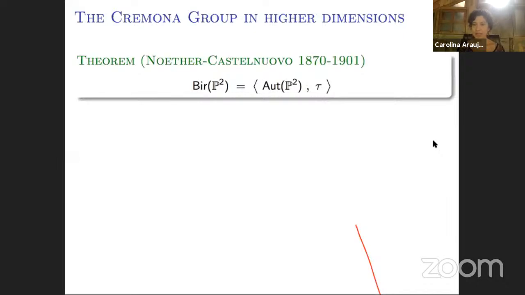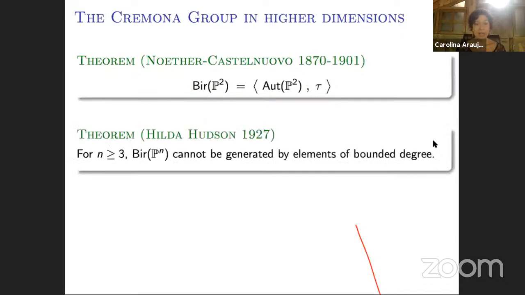In contrast, in higher dimensions, Hudson already knew in 1927 that for n greater or equal than 3, the Cremona group cannot be generated by elements of bounded degree. What I mean by degree here is the degree of the defining polynomials. For instance, automorphisms are given by linear polynomials, so they have degree 1. The standard quadratic transformation has degree 2. It's given by quadratic polynomials.